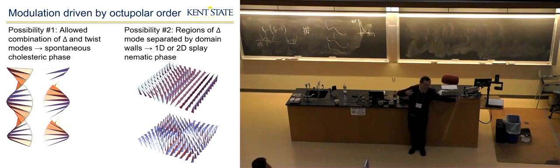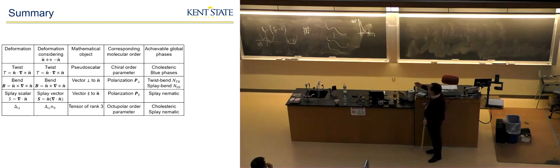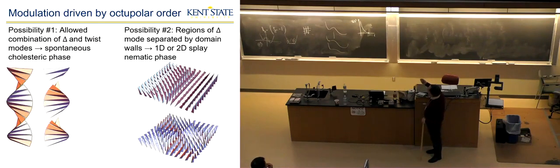The cholesteric phase has the delta deformation mode. So they could make a cholesteric phase that would be randomly right-handed or left-handed, right? So it could be like an achiral mechanism for making a cholesteric, or they could make something more like the splay nematic phases that I showed you. This is all kind of speculation at this stage.